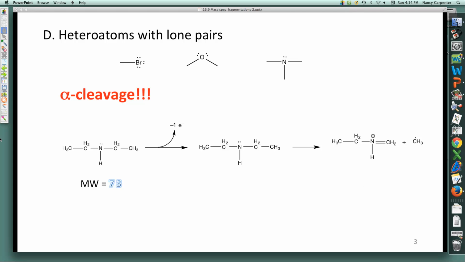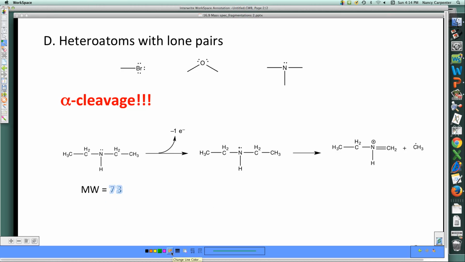Can we write the electron movement arrows? Well, sure we can. Always put the tail of your arrow right there where your odd electron is, and it's looking for something to hook up with. So we go one bond over. And what does this tell us? Well, it tells us that we're going to have a big M-15 peak in the mass spec, and then we're going to be left behind with some charged fragment that's going to be detected, a C3H6, 7, 8, 9, 10, 11.